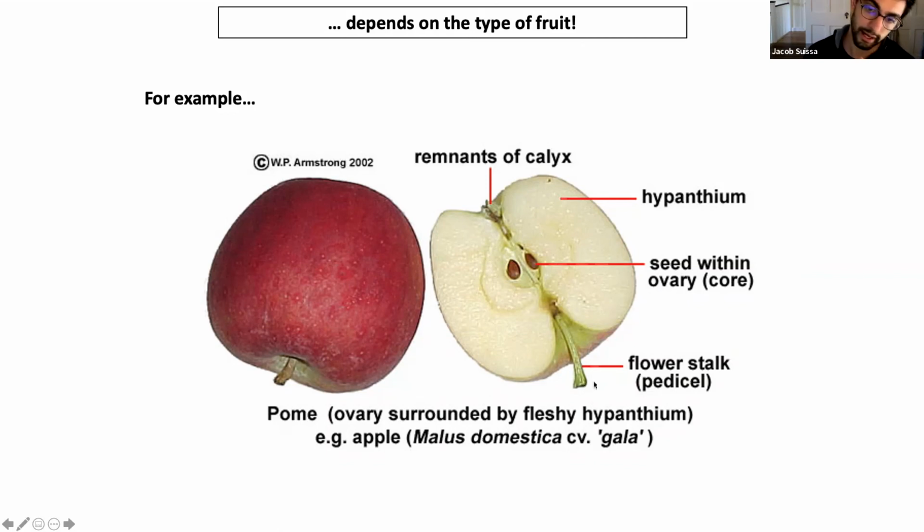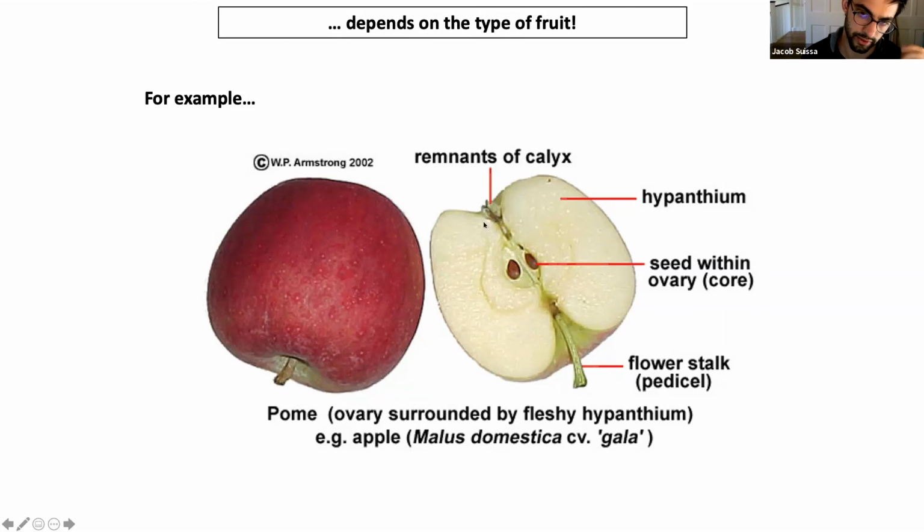And again, if we were to say, okay, well, what did the flower look like on this? Well, this is the stalk. It was clearly attached to the plant from here. So that means the top of the flower was here. And you might ask, okay, is this a superior or an inferior ovary? Well, we see that the calyx, the sepals, are attached up here.